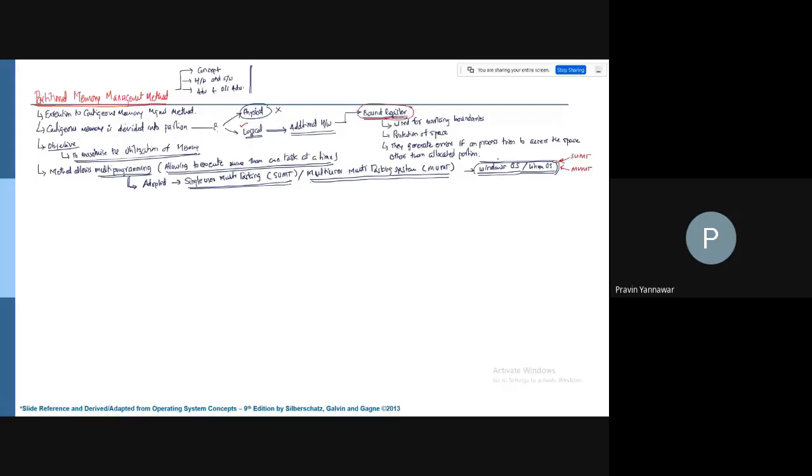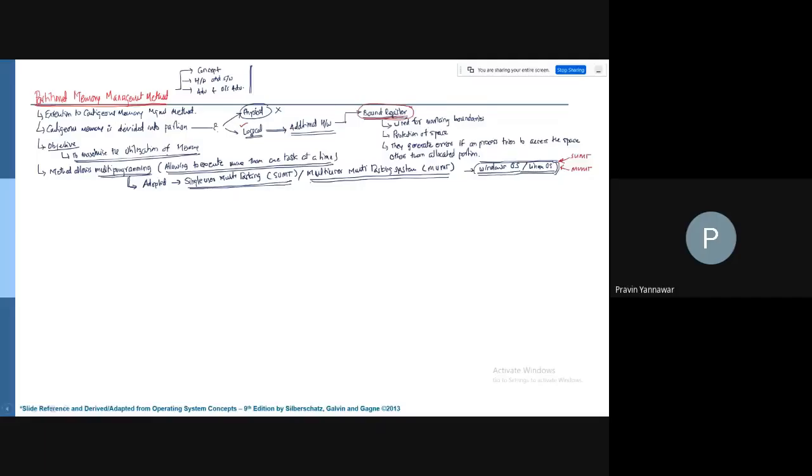If it is a logical partition, then we need additional hardware. The additional hardware is nothing but the bound registers. In the last memory management method we also saw the purpose of bound registers. They are basically used for marking the boundaries, and once they mark the boundaries, they implement the space protection mechanism.